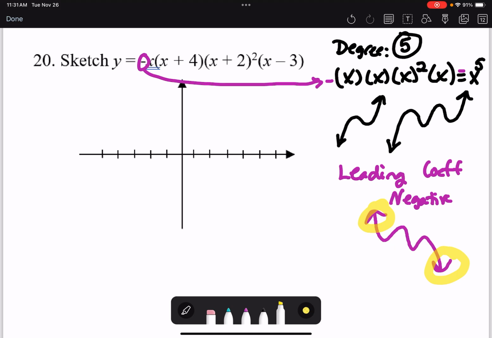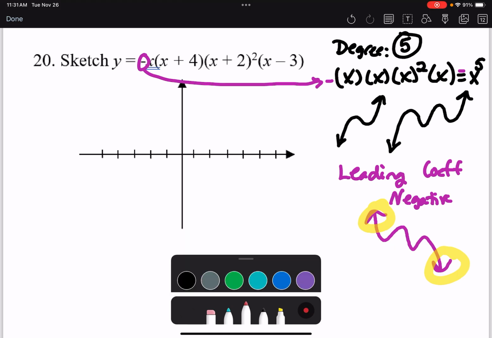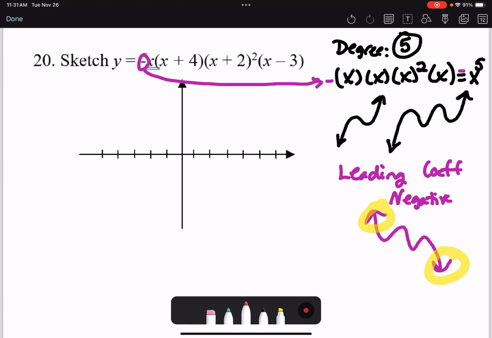So I'm going to go ahead and put my zeros down now. My zeros are, this one gives me x equals 0. That looks like my y-intercept as well. So my y-intercept is at (0, 0). This one's going to give me x equals -4. This one is going to give me x equals -2.